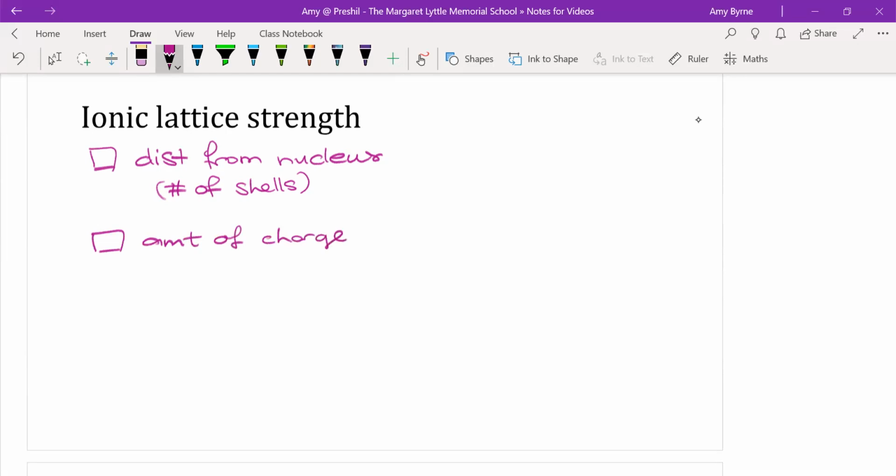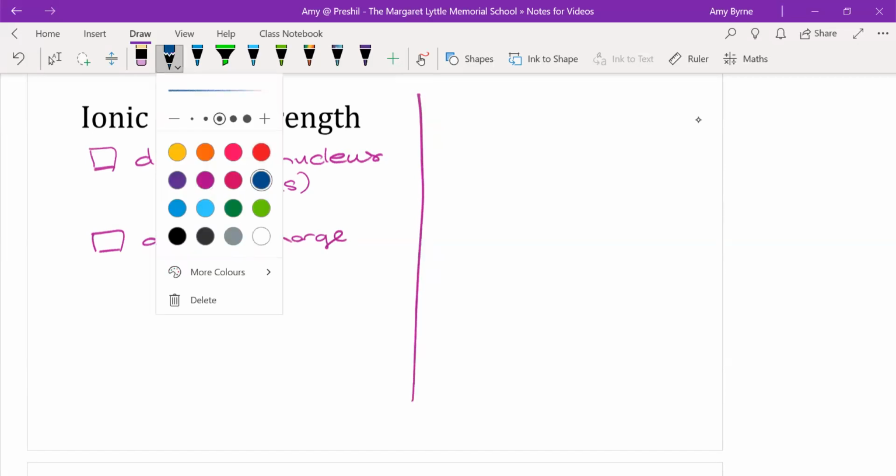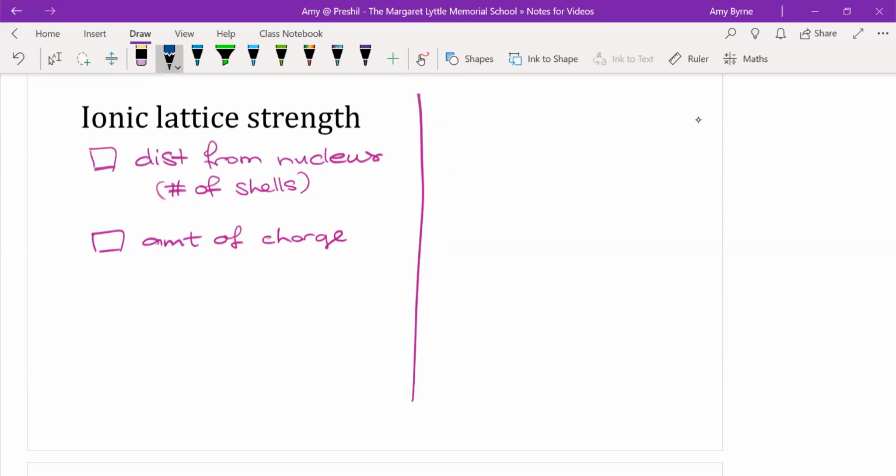So in an ionic lattice, the strongest lattices are going to have small radius and greater charge.